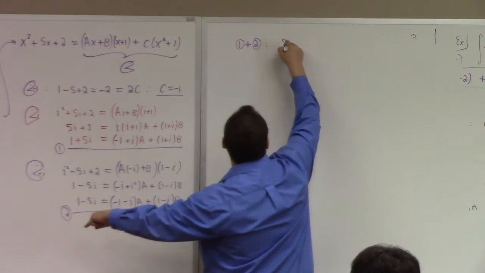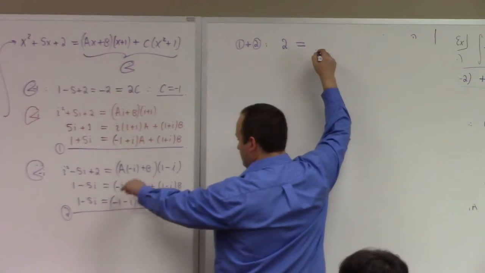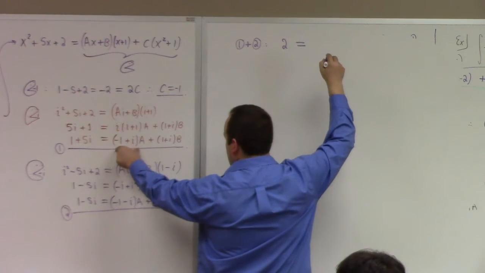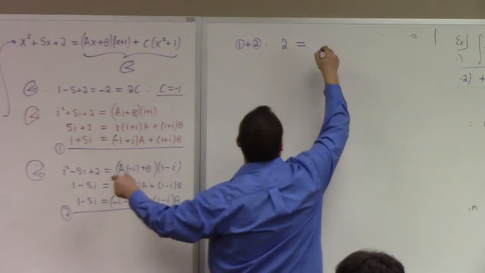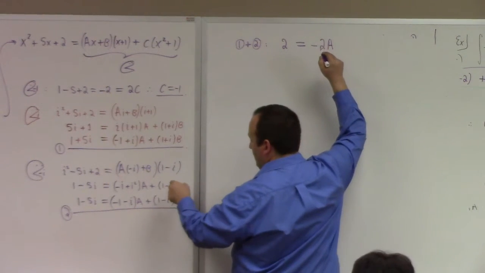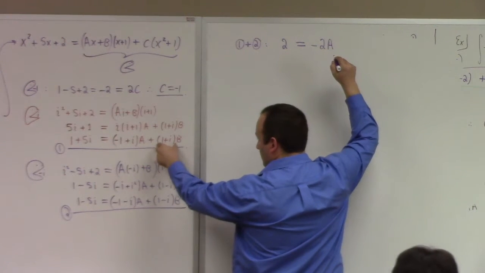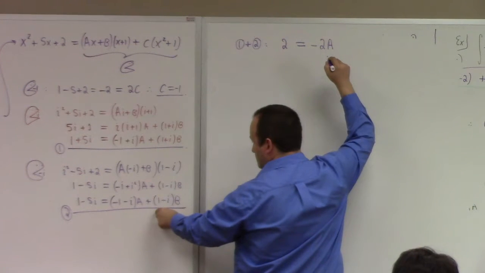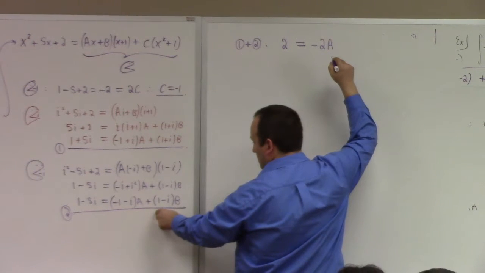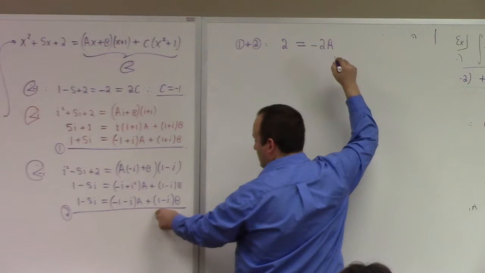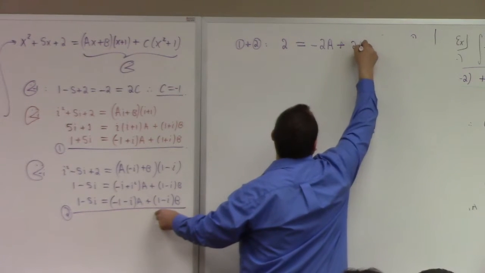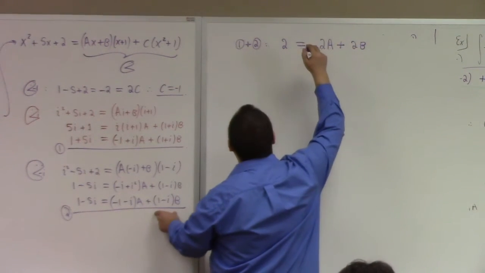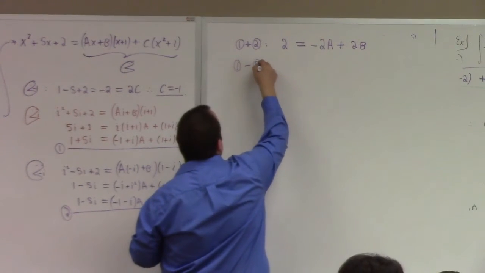You get 2 equals what? What happens when you add the a terms? The i's cancel, right? We get minus 2a. What happens when you add the b terms? To be or not to be? To be. Sorry, that was awful.